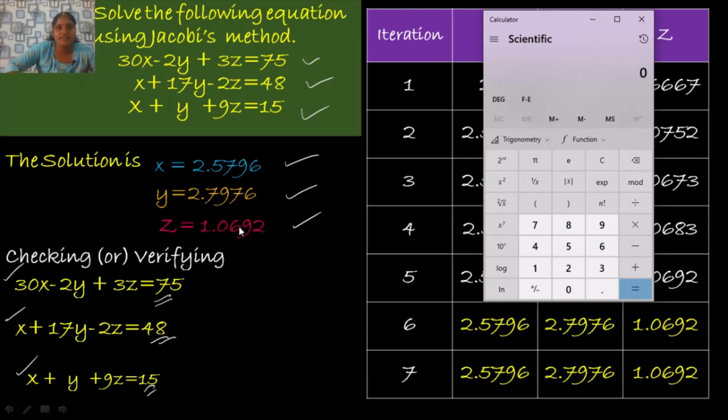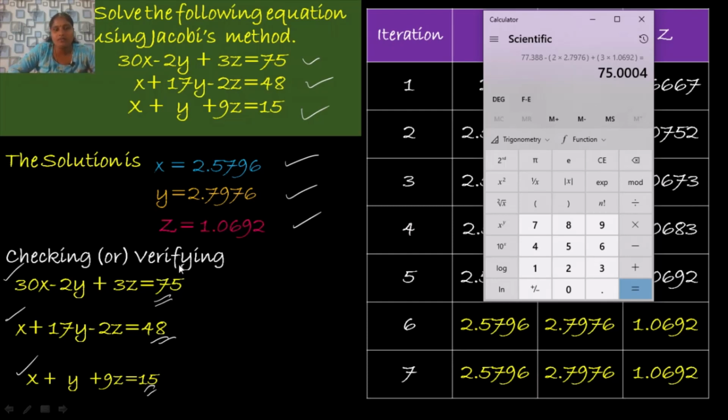So let me show you how to verify your answer by yourself. Let me first substitute these values in the first equation. 30 product x value is 2.5796 which equals 77.388, minus within parenthesis 2 product y value is 2.7976, close the parenthesis, plus within parenthesis 3 product z value is 1.0692, close the parenthesis, which equals 75.0004.